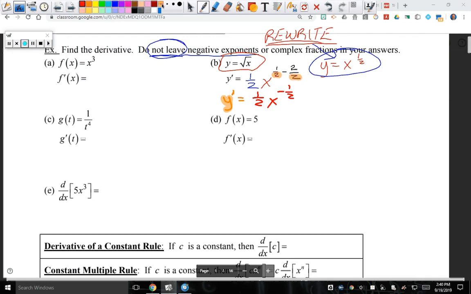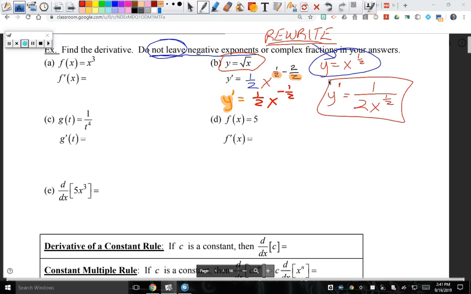Because of algebraic manipulation, I will not accept this answer on a test or a quiz. I want you to get comfortable with knowing which pieces move when and where with negative powers. So this would move down to join the 2, where it looks like this. This is a huge skill, negative exponents, that we learned from Algebra 2.